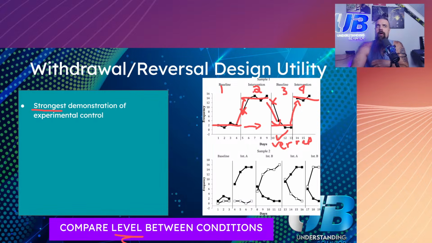So the more cleanly an experiment adds and removes an intervention, the better it's going to show experimental control. So we know that withdrawal reversal designs do that really cleanly. It's a really strong demonstration of experimental control, or it means we get really solid, really believable data.